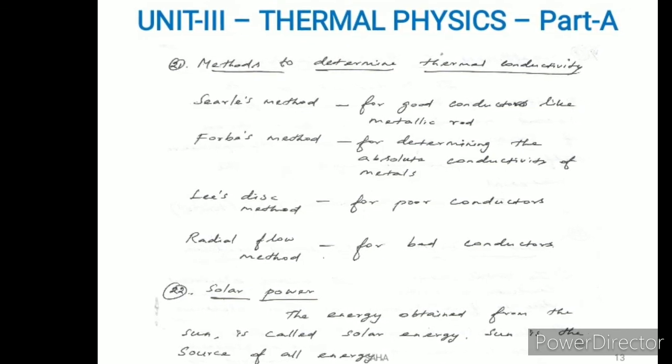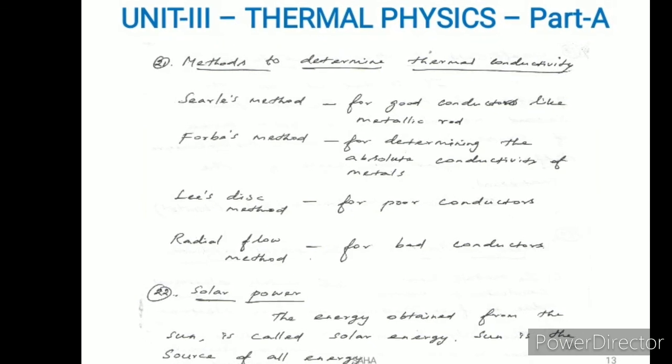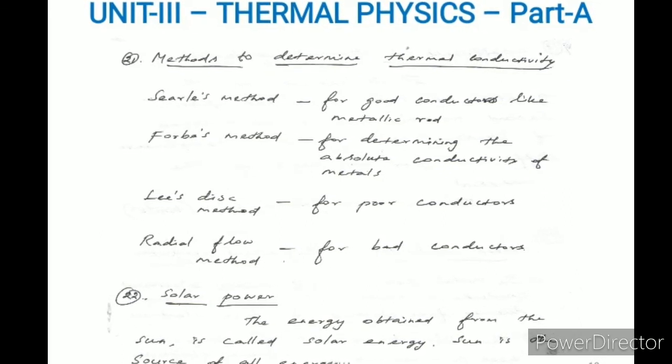Question number 21, methods to determine the thermal conductivity. 4 methods we can use: Searle's method for good conductors, Forbes' method for absolute conductivity of metals, Lee's disc method for poor conductors, radial flow method for bad conductors. These are the 4 methods used for finding thermal conductivity values.